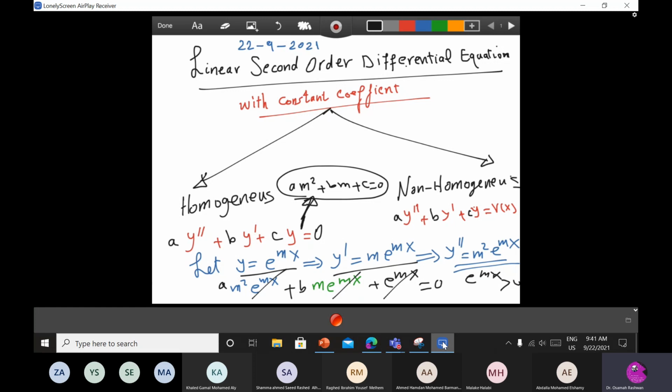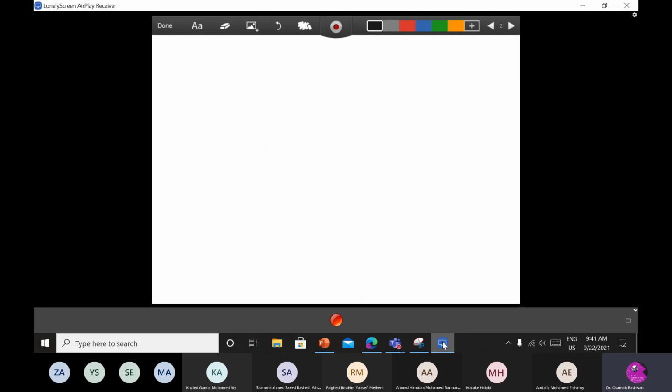By this substitution, this is becoming an algebraic equation. Once you change your second order differential equation with constant coefficient homogeneous by the substitution y equal to e to the mx, it is becoming a m squared plus bm plus c equal to 0.